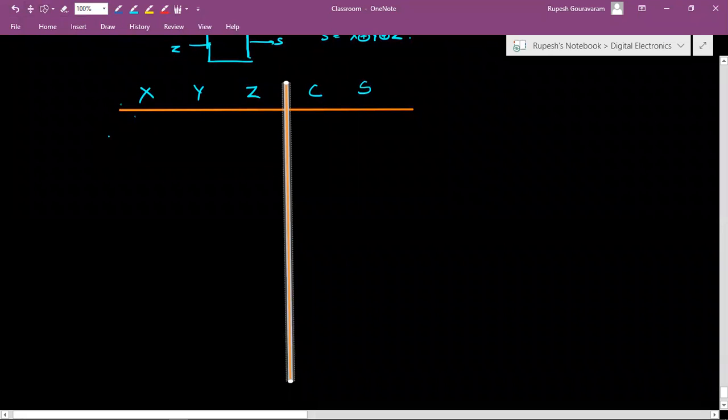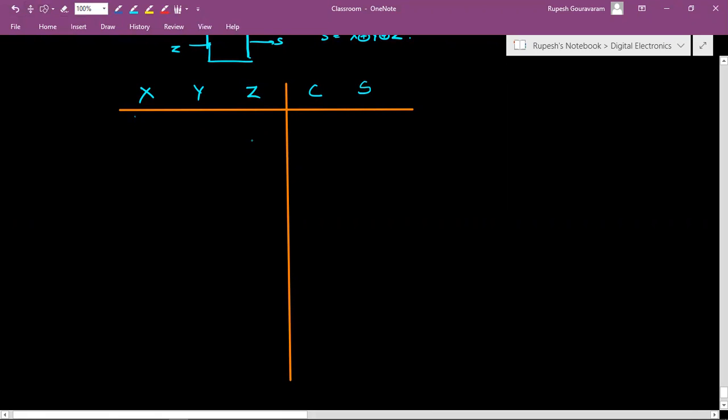Now, when we have the inputs, let us take from the starting 0, 1, 0, 1, 0, 1, 0, 1, 0, 0, 1, 1, 0, 0, 1, 1, 0, 0, 0, 0, 1, 1, 1, 1.